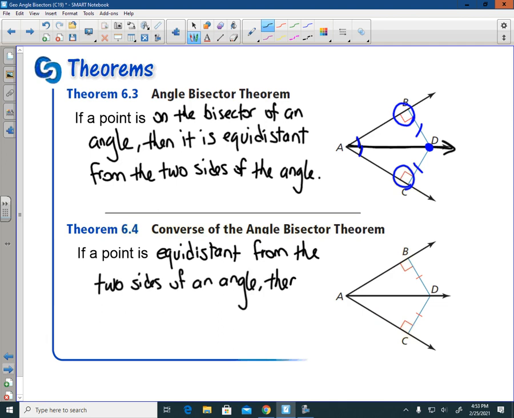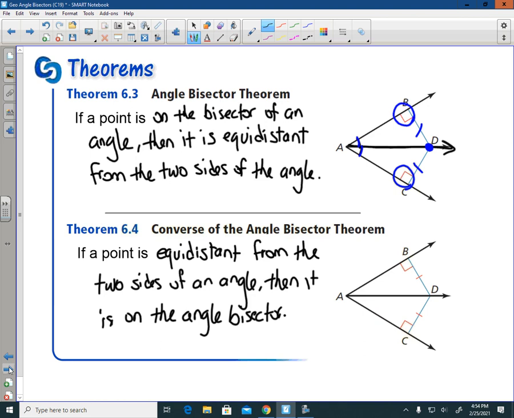If a point is equidistant from the two sides of an angle, then it is on the angle bisector.